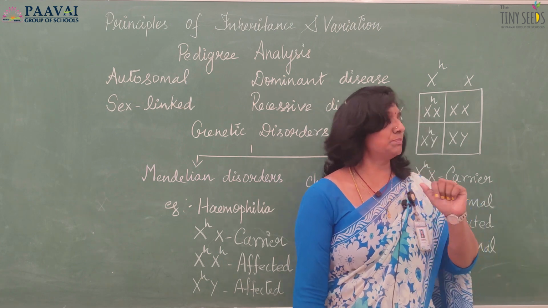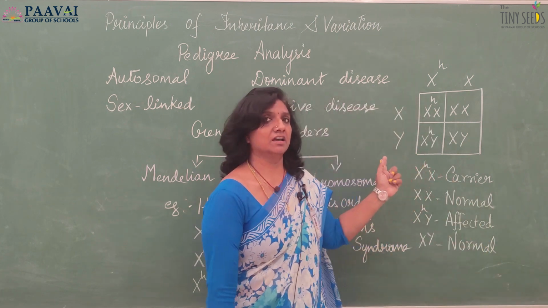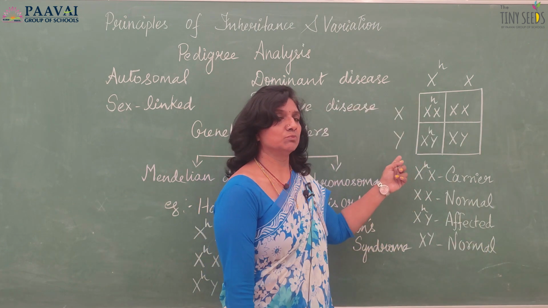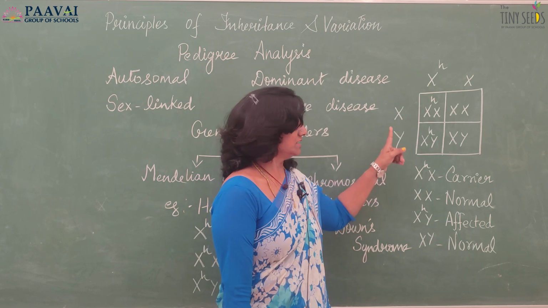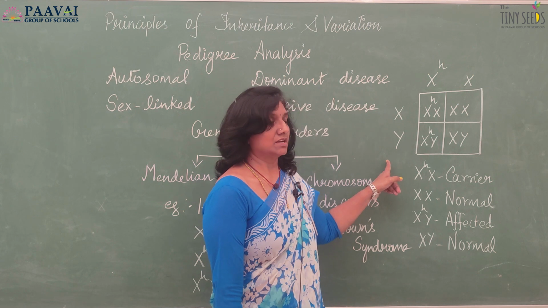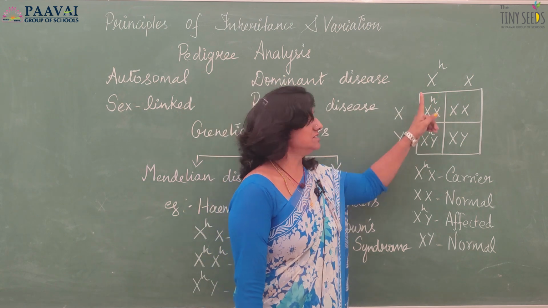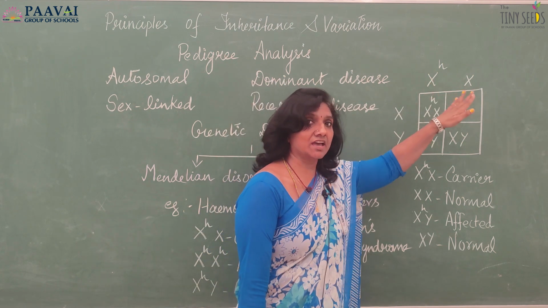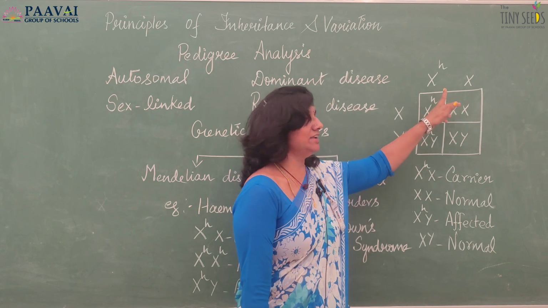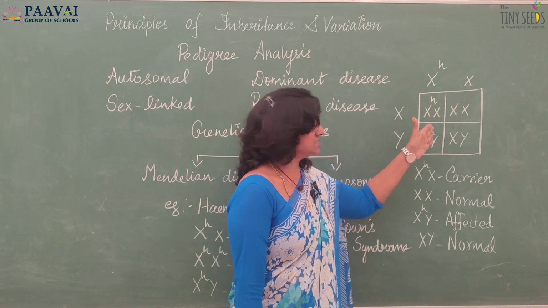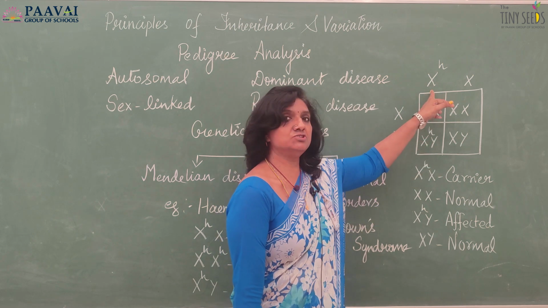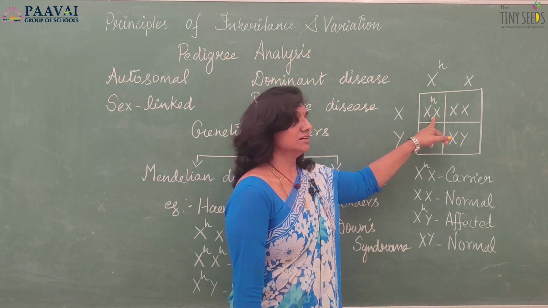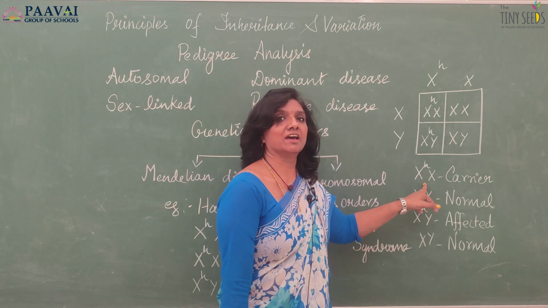Let's see an example. See here I have written a chart where normal father is there, X and Y, and they both get married. This is female, she is a carrier. If they both get married, just see about the offspring. What happens? If this and this joins means the daughter will be a carrier.